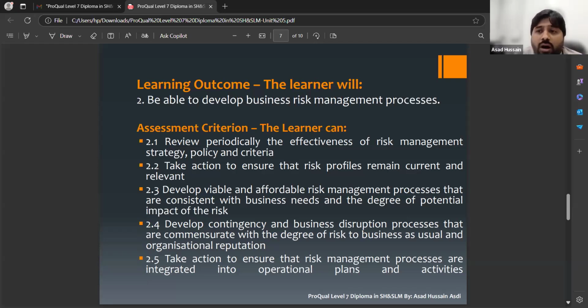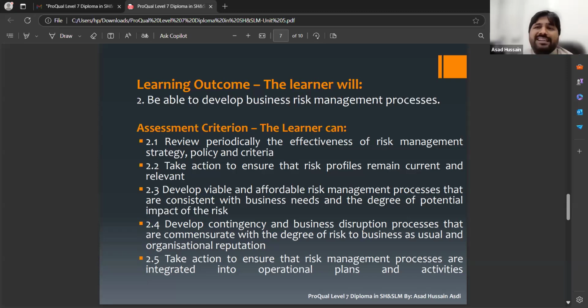That business is not only focusing on their operations, their production, their revenues, their profit. They have to integrate these risk management processes in all their plans and activities, because a risk can ruin their operational plans and all the activities, all the efforts for generating revenue and getting profits.